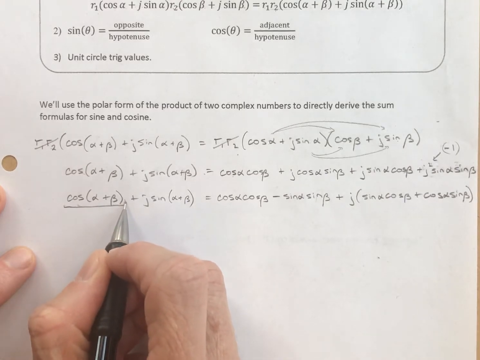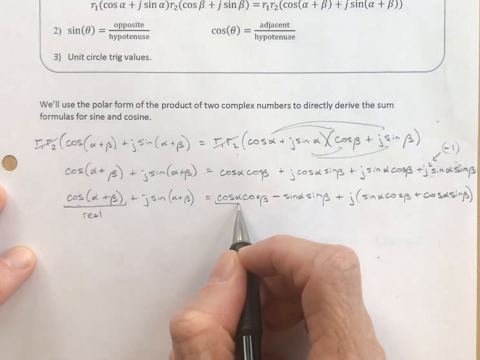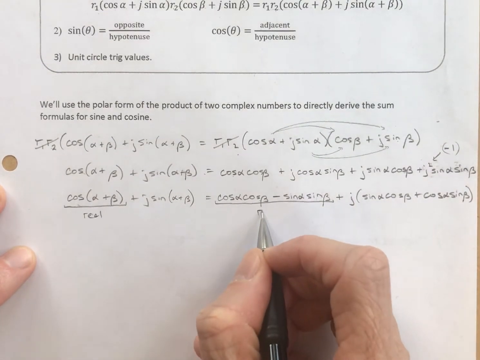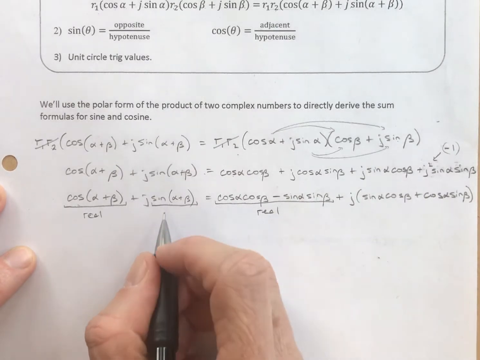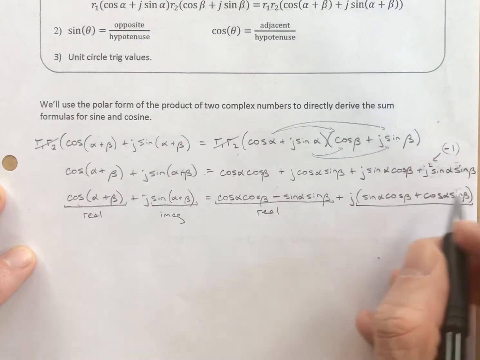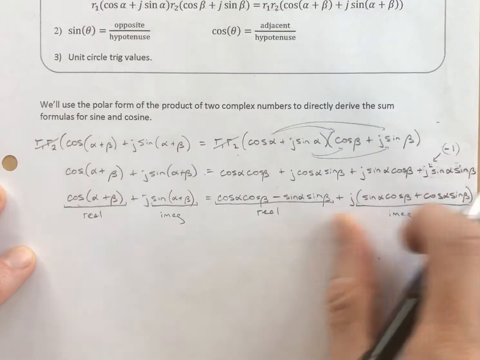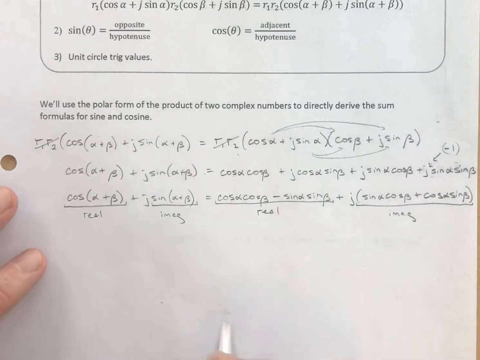Now let's take a look. This is the real part, and this is the real part. This is the imaginary part, and this is the imaginary part. So we can set real equal to real and imaginary equal to imaginary.